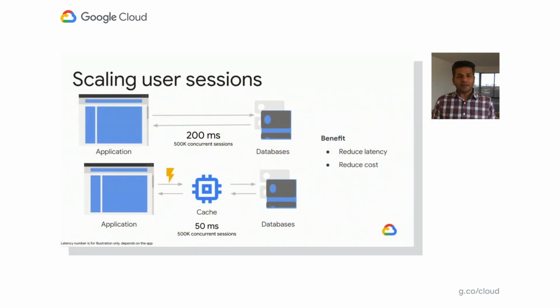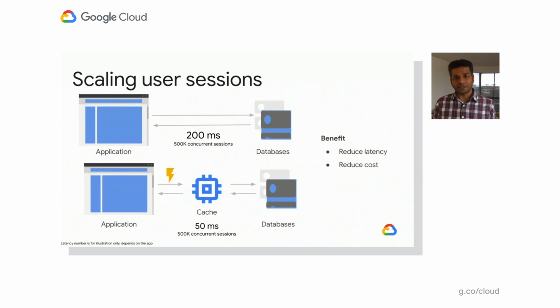If we take a very common example of user sessions, or a session store, typically you start off using a backend database as your session store. For example, if your application is a ticketing application and you're using a backend database as your session store, it'll scale well for a certain amount of time.